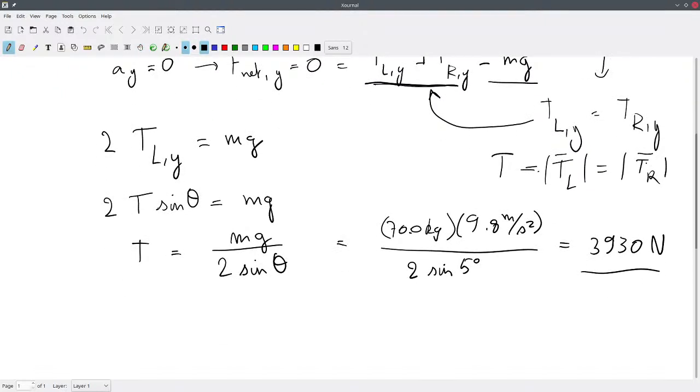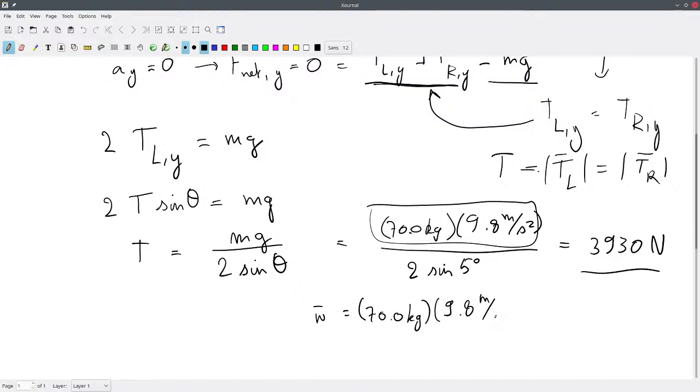Is this a large tension? Well, let's put this into context, and let's compare it with the other force that we know here. The other force we know is the weight, and that's just the 70 kilograms times 9.8 meters per second squared, and that is 686 newtons. So what you can see is that the tension is actually a lot larger than the weight.